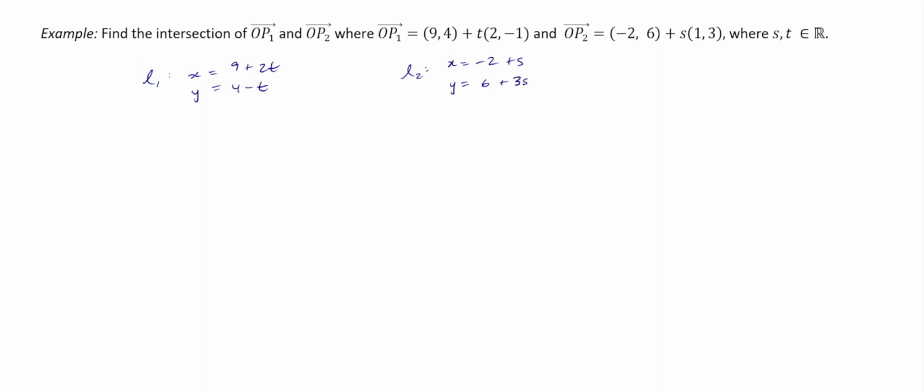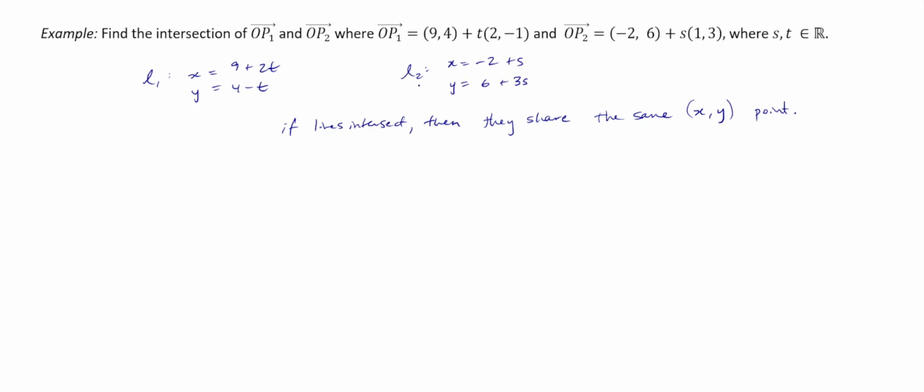All right, and so you may recall from grade 10 that if lines intersect, then they share the same x, y point. So there's some point x, y that lies on both of these lines if they intersect.